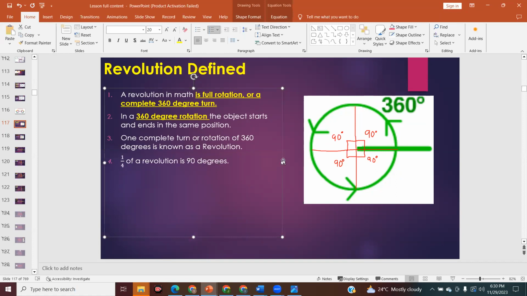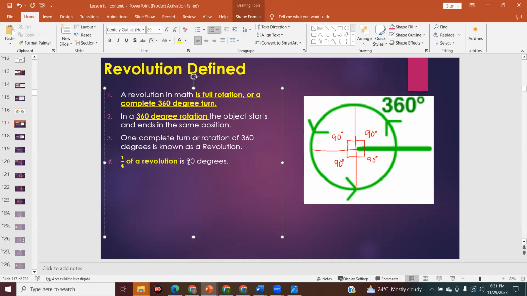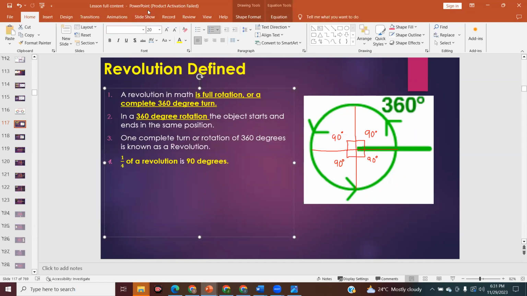So several things that we're looking at here. Number one, a revolution is a complete turn. Number two, a complete 360-degree turn is what we mean by a rotation, a full rotation, or full revolution.